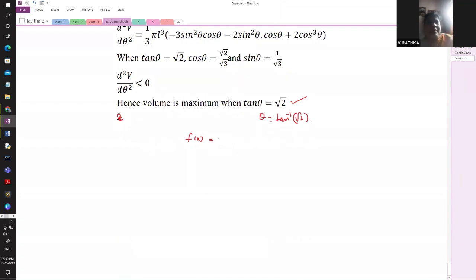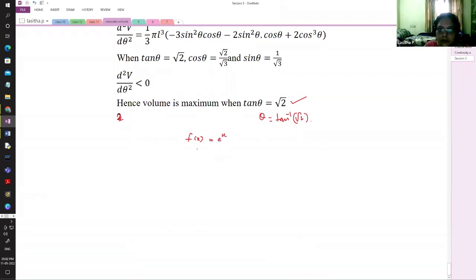Such questions, e to the power x, log. f of x is equal to e to the power x. First, f dash x will be e to the power x. Here they should know the range of e to the power x is always greater than 0 for all x in its domain. So there is no turning point for this graph.